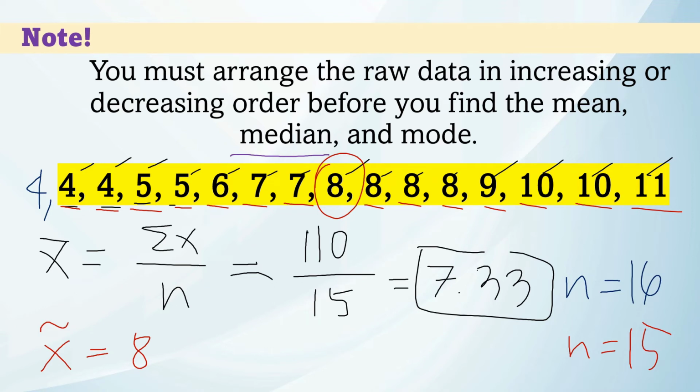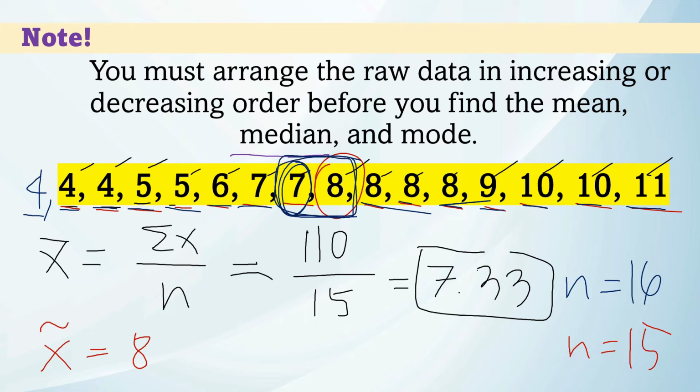If you have 16, we have 1, 2, 3, 4, 5, 6, 7, 8. So this is your 8th term. And you have 7 data, 1, 2, 3, 4, 5, 6, 7. As you can see, you have 7 numbers on the left and 7 numbers on the right. So it means the 8th and 9th terms are the middle numbers.